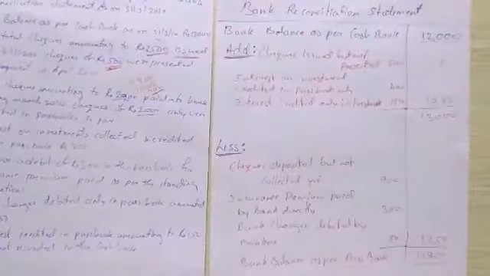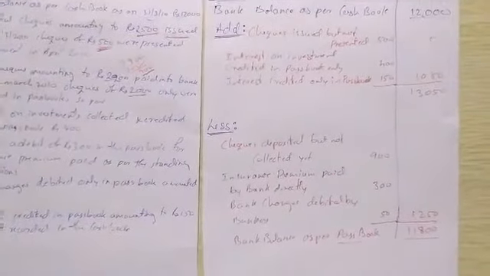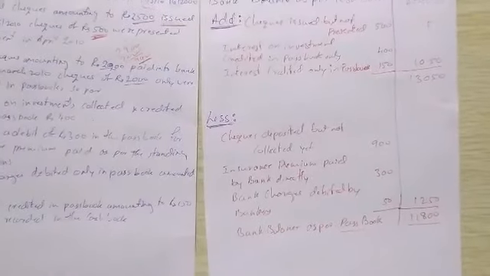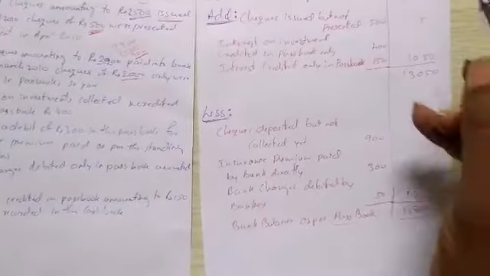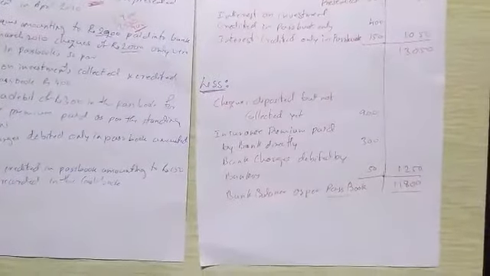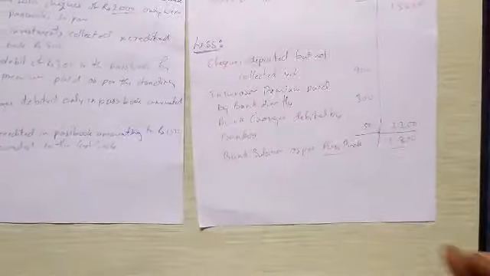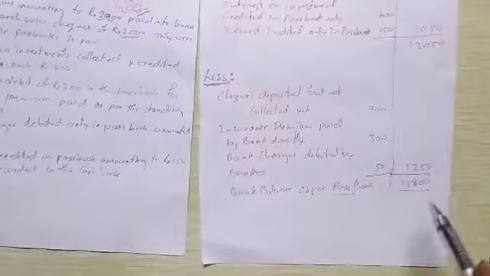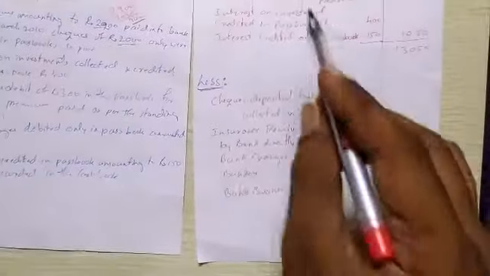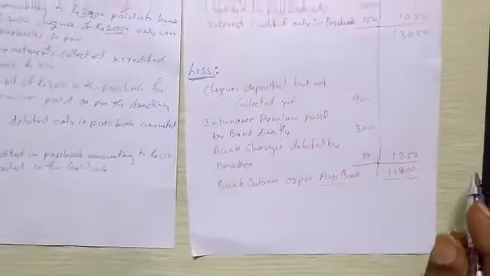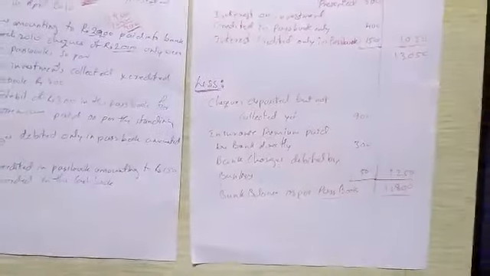And when the bank balance as per passbook is given, suppose they had given 11,800 here, then finally we get 12,000 rupees as the bank balance as per cash book. So the simple thing: the items you have deducted here should be added to the passbook balance, and the 3 items you have added to the cash book here should be deducted from the passbook balance. Then we get 12,000 rupees here.